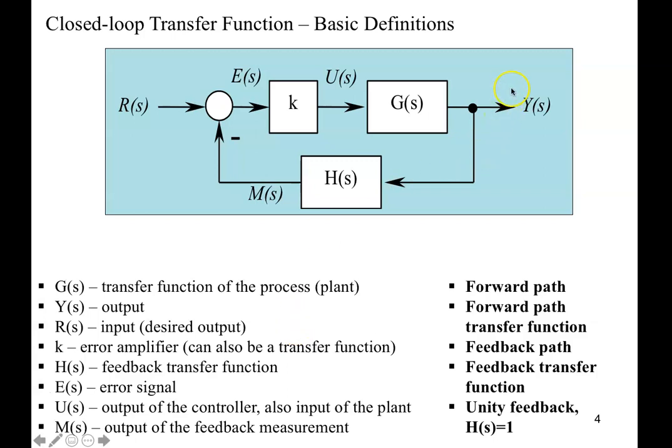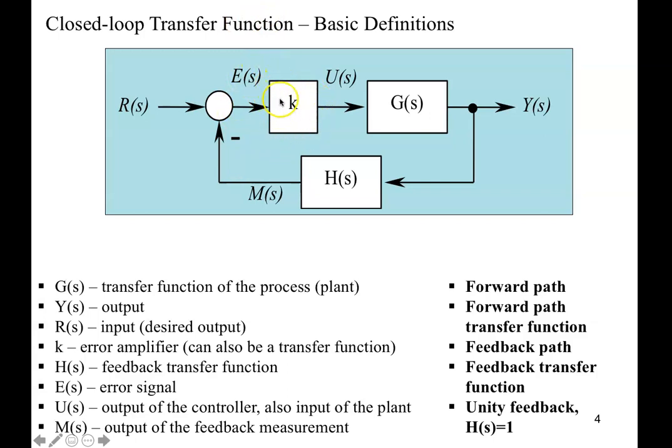Let's say Y(s) is the output of the plant, and R(s) is the input, and G(s) is the transfer function of the plant. H(s) is the transfer function of the sensor. K is the transfer function of the controller. Now, input to the controller is the control error, that is the difference between the overall input and the measured output from the sensor, M(s).